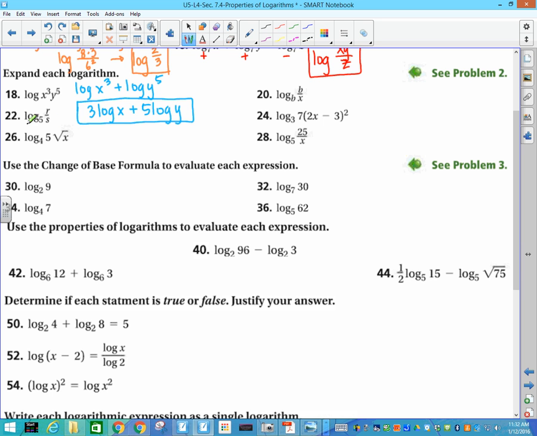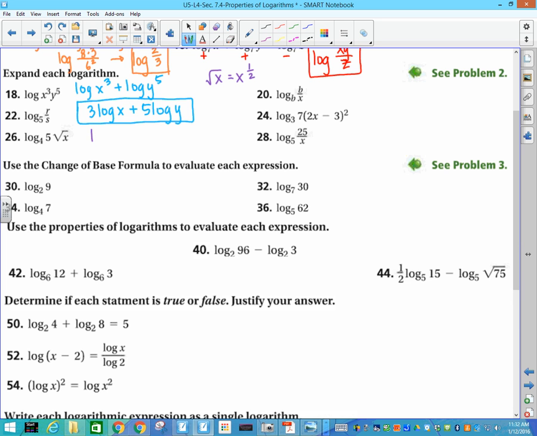I'm looking at this one, and I want to make sure I talk about that because you're going to see it a lot. So this one, again, is a product, so it's going to be plus, but what you have to remember is that the square root of x is the same thing as x to the 1/2. That's something from a previous unit that we have discussed.